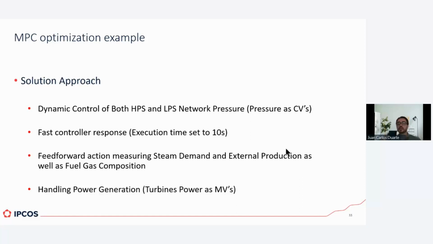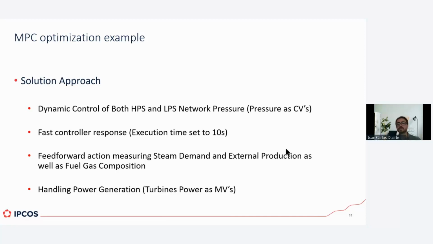Again, that meant that the controller had to run at a fast frequency, in this case 10 seconds. For all of you that are familiar with APC, you know that typically APC controllers run every minute, sometimes every 2 minutes, depends. But this was running every 10 seconds just to be able to act fast enough, and it was acting fast enough.